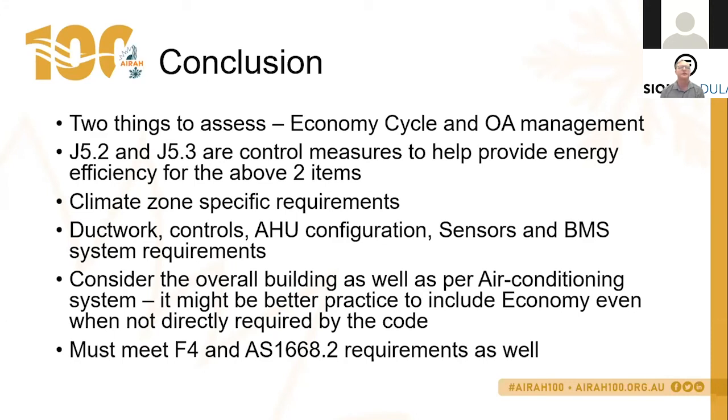That's so that you avoid times when sensors give you information for the outside air that says it's fine for economy mode, but it only lasts for 5 minutes, and then the outside conditions change and it's not quite suitable for economy mode again. So you need to consider that in your BMS control strategies.